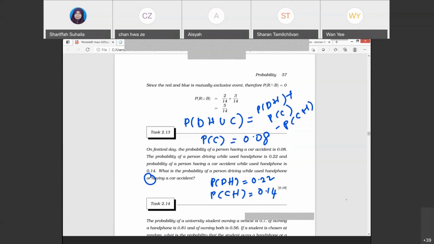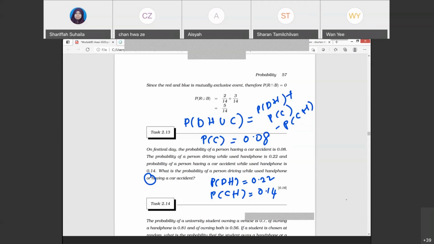So again, we apply the additive rule of probability. We use the information already written in the question. First, define a symbol that you want to use. Let's say having a car accident, you already have 0.08. Driving while using handphone, 0.22. And having a car accident while using handphone, meaning driving, having a car accident and also using handphone, which is 0.14.